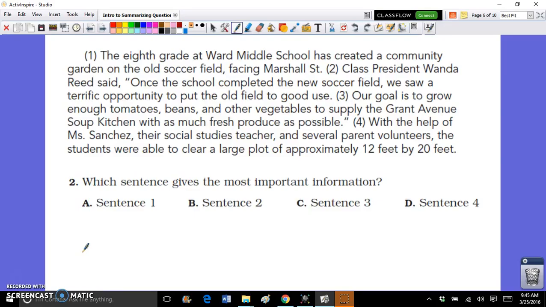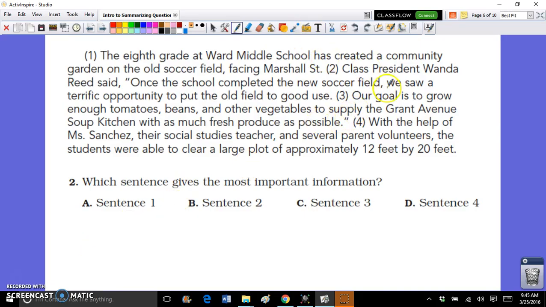But if I had to choose one, and this is the one sentence I'm going to show to somebody who has not read the original passage, I want that one sentence to be full of enough information that they would really get the basic idea of what this passage was about.